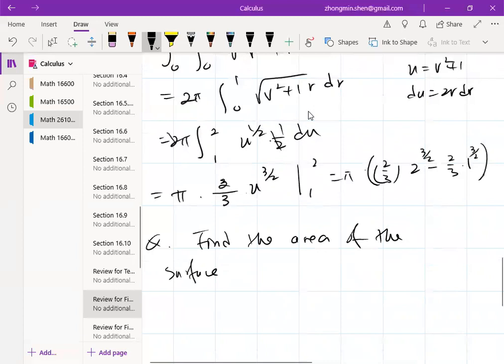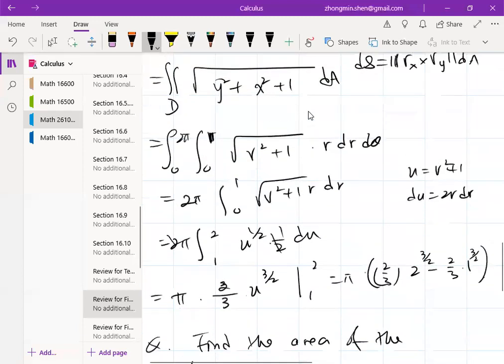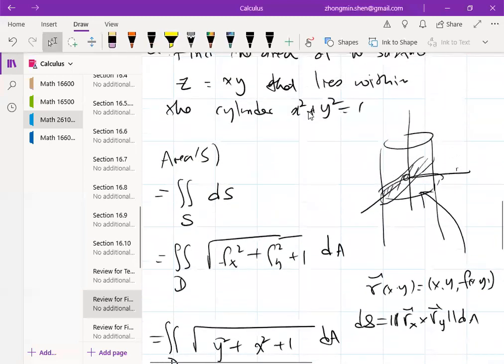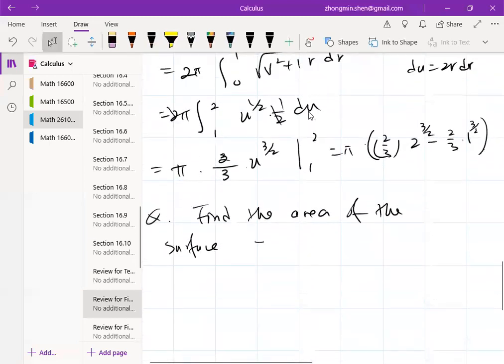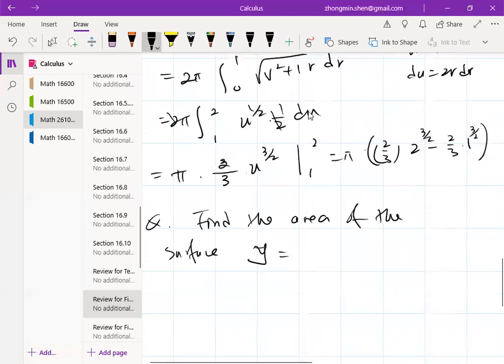So I will use y equals x squared plus, let's just see. And so x is between 0 and 1.